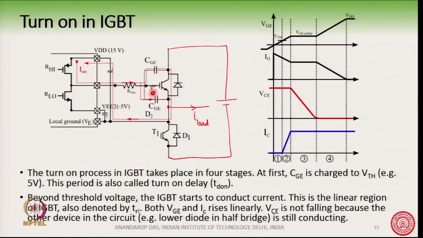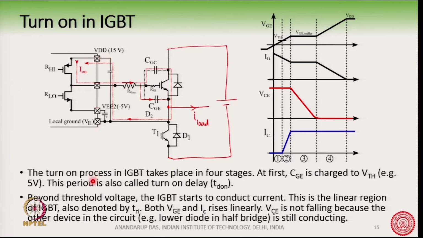This is the internal gate resistance of the device, and these are the two capacitances which we want to charge up during the turn on process. And these are two additional capacitors which are usually connected externally to provide the gate charge which is needed by the power device.